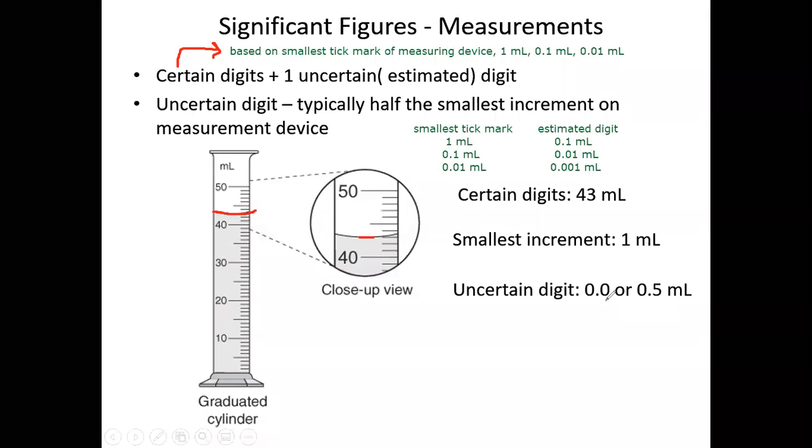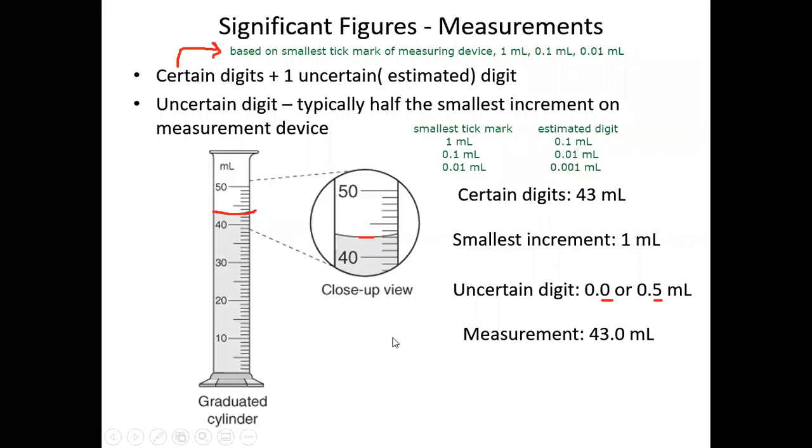So 0 we use if we think it's very close to that smallest certain digit, or we use a 5 if we think it's between the two smallest tick marks. And this is just common convention, but like I said, you can put what you think it is, or if you think it's 43.1, you can put 43.1.